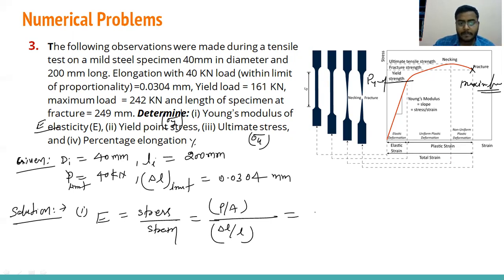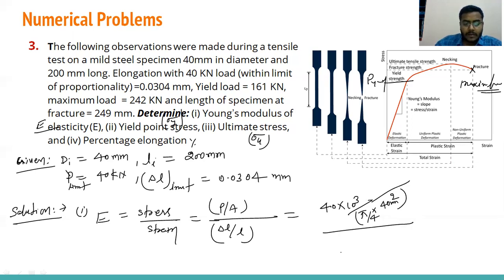So what load is given? Load is given 40 kilonewton. I am converting it into Newton, divided by area. Area we can calculate because the diameter is given, so pi by 4 into 40 mm square.